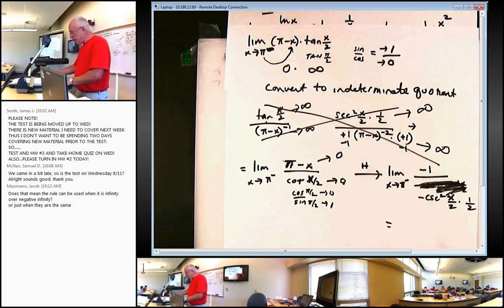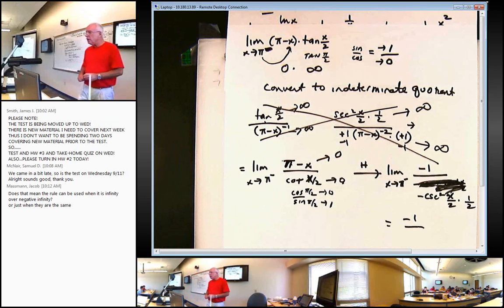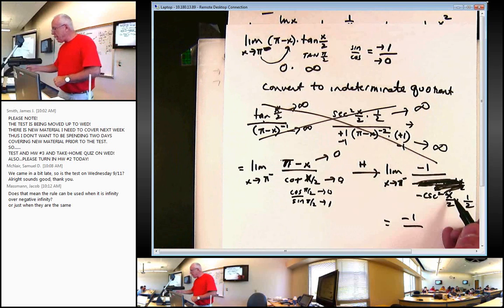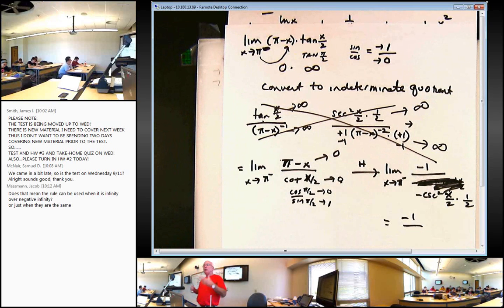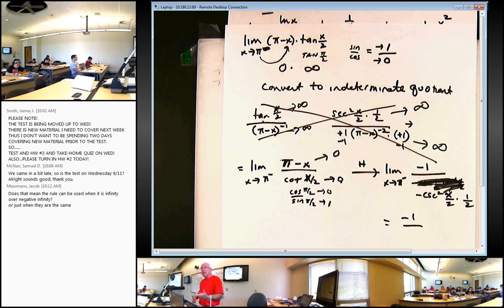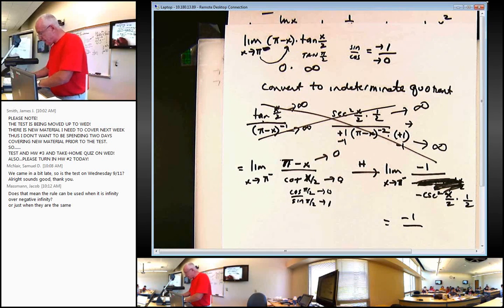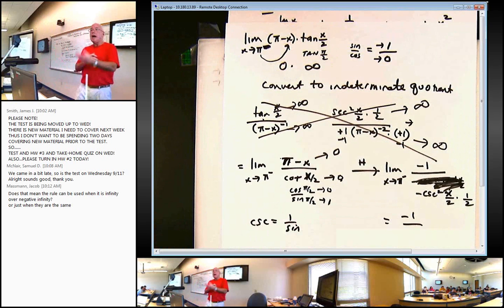We've got a minus 1 on top, and then when we put pi in for x, the cosecant of pi over 2, well, the cosecant is the reciprocal of the sine. Cosecant is 1 over the sine. The sine of pi over 2 is 1, so the cosecant of pi over 2 is 1.